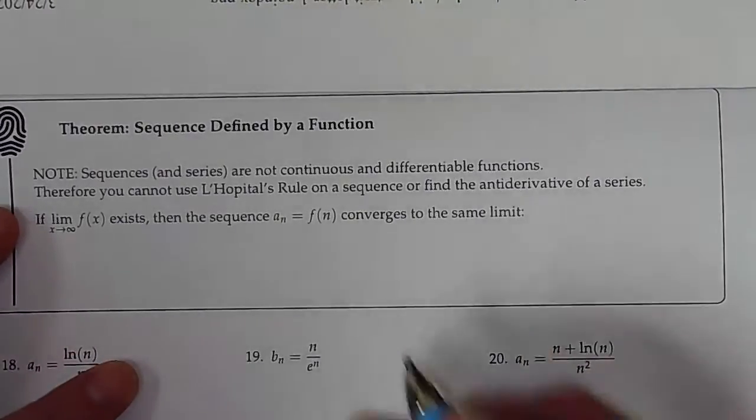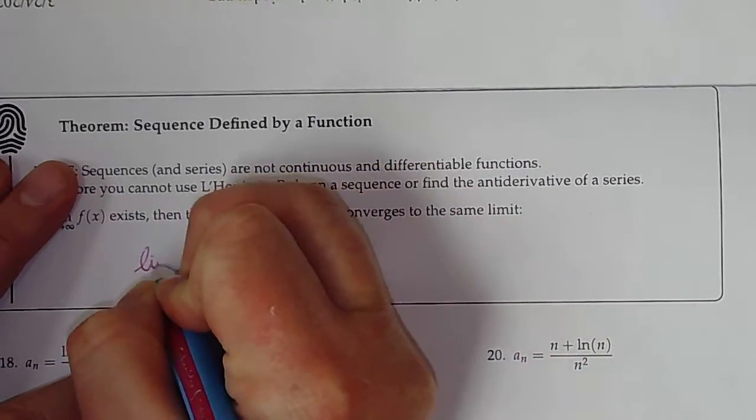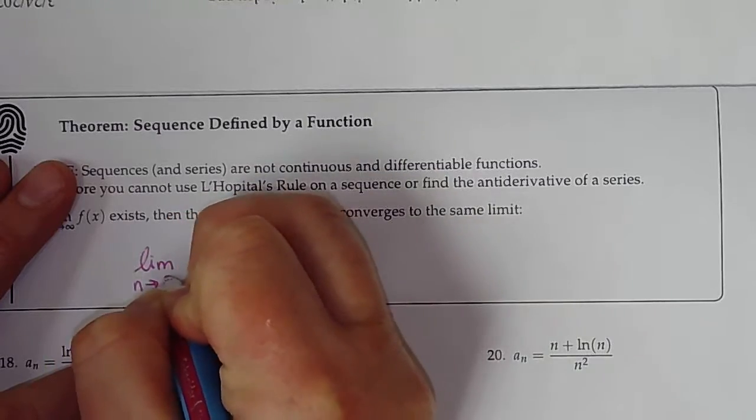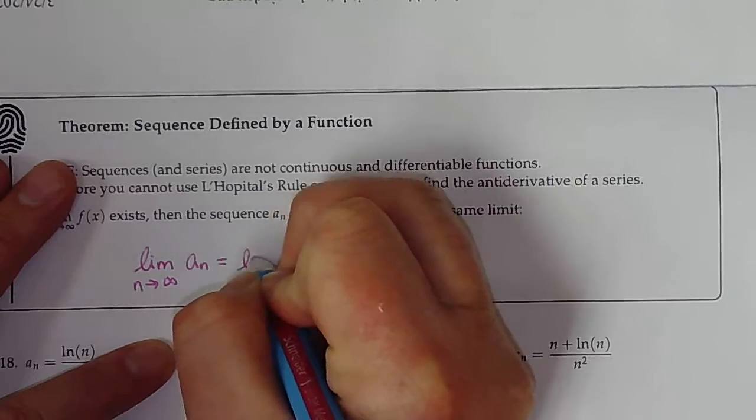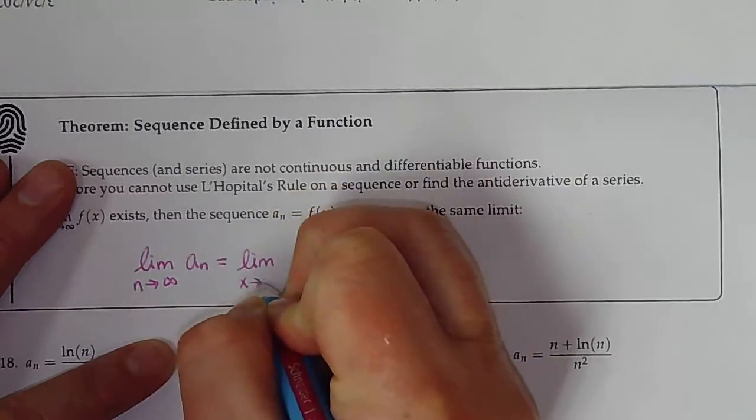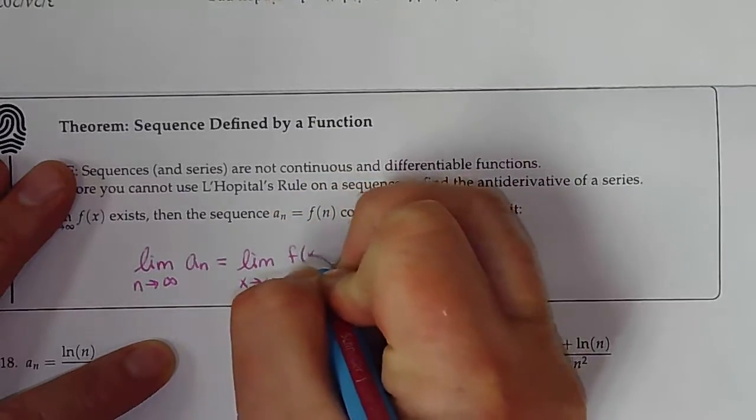In other words, the limit as n goes to infinity of a sub n is going to be equal to the limit as x goes to infinity of f of x.